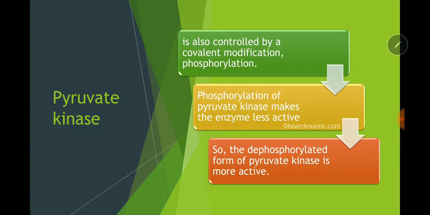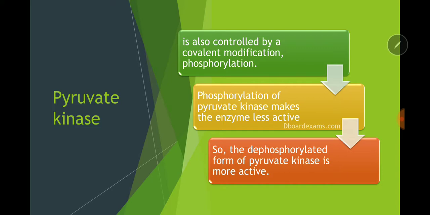The brain and the muscles need enough glucose. And so the phosphorylation, dephosphorylation control of pyruvate kinase prevents the liver from using glucose when it is needed by other tissues. So you may feel weak, but the brain is going to need that glucose so you can continue thinking.